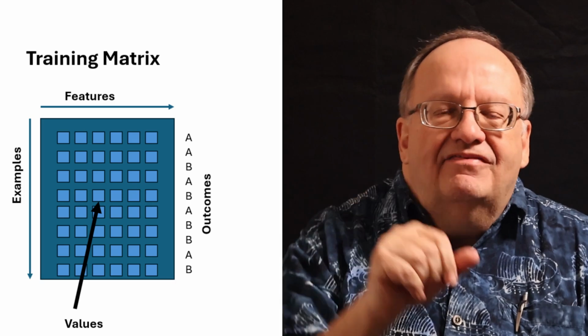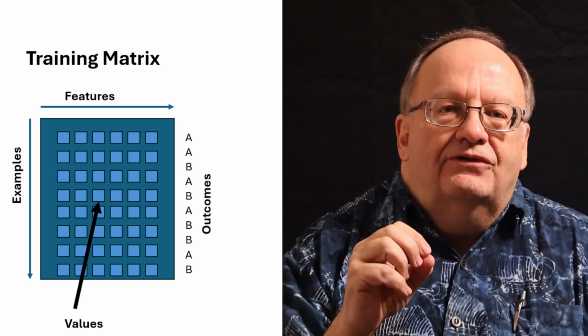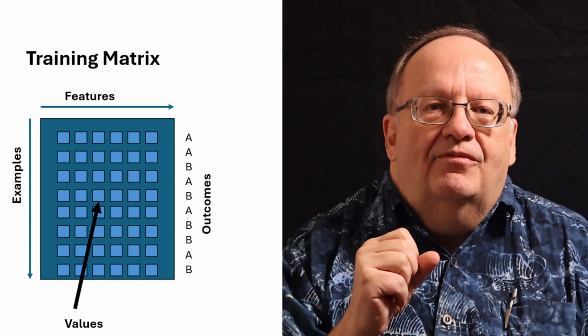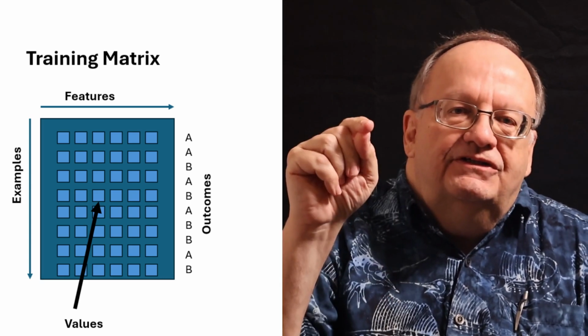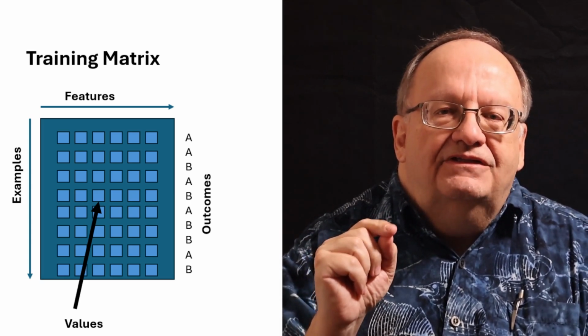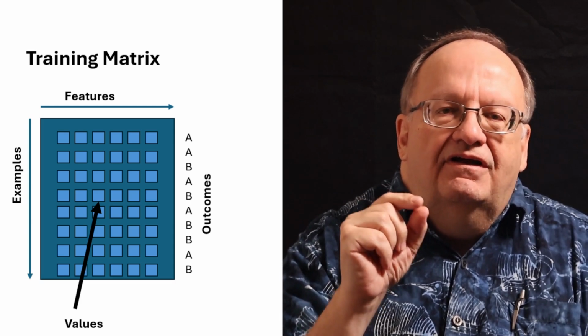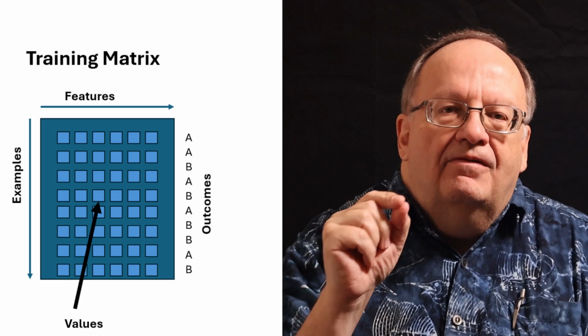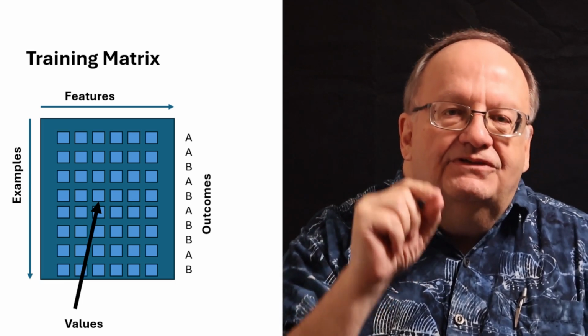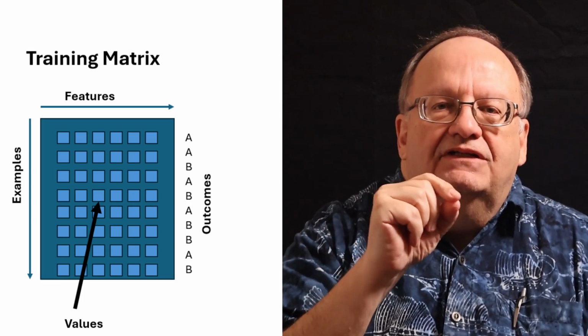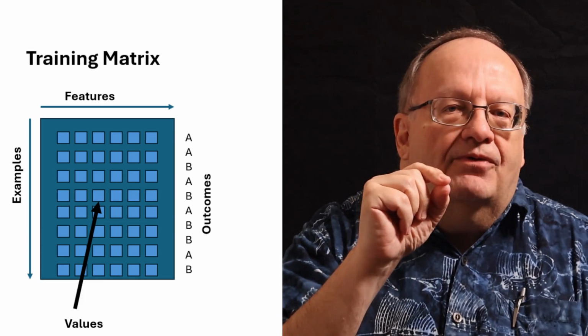Now inside the body of the matrix there are the values. So in mass spectrometry the features are the unique molecules, and these are characterized by mass over charge and retention time. The examples are the individual mass spec runs, all with the same preparation.